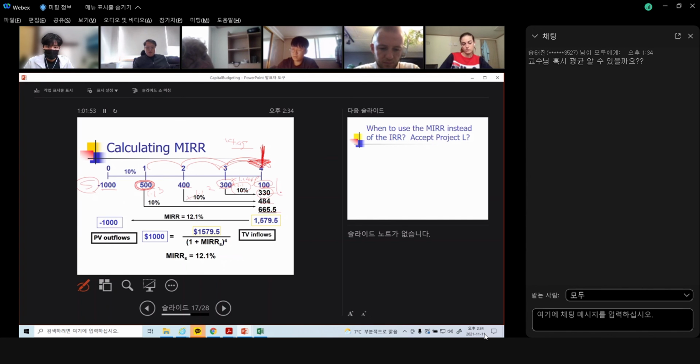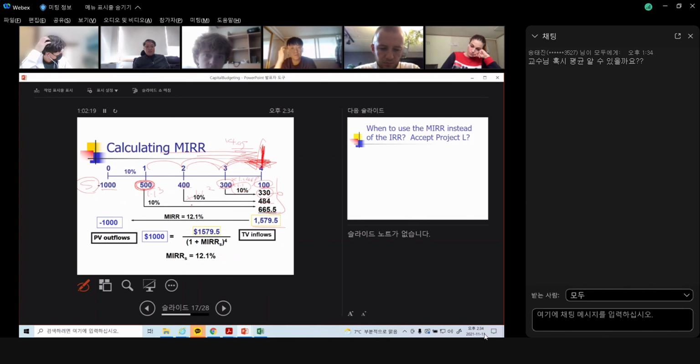So if we sum up all the cash flows as of the closing period, the project is going to be $1,579.5, right? So all of the cash inflow, calculated value as of the ending period, closing period.